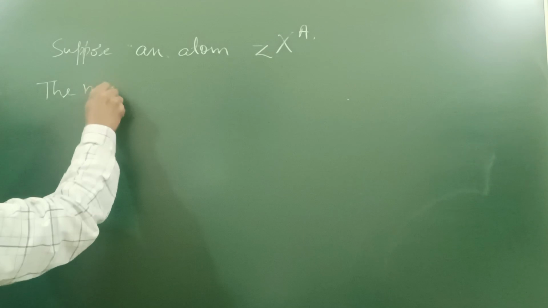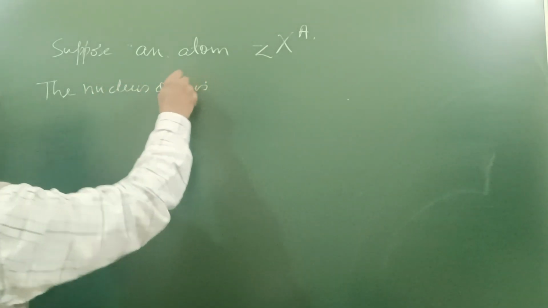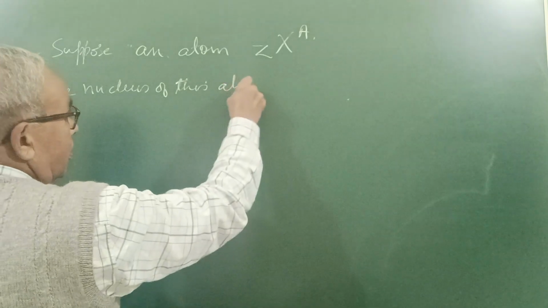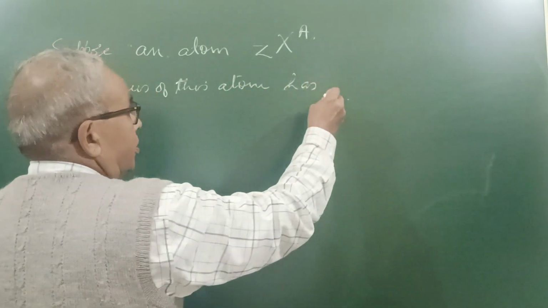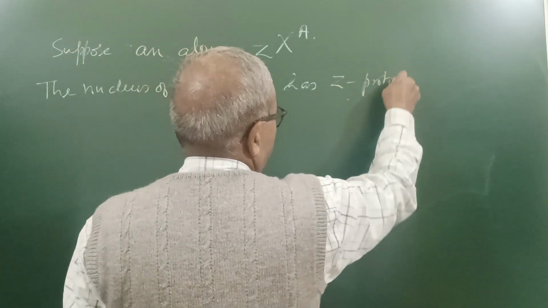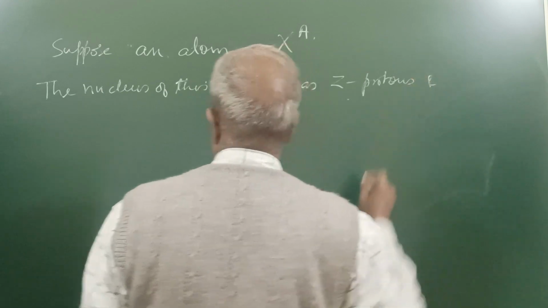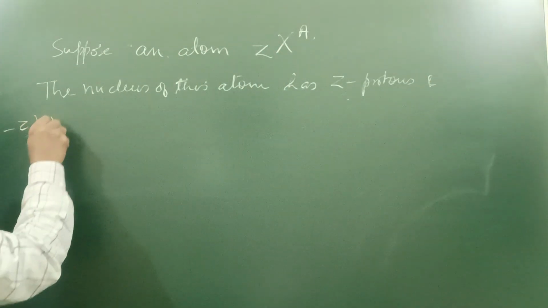The nucleus of this atom has Z protons and A minus Z neutrons.